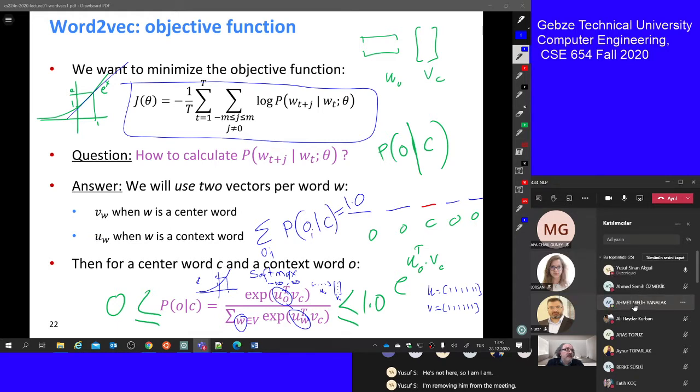Okay. Ali Haydar, can you tell me what an object function is? Objective function is? Ali Haydar, are you here? Okay, he is not. So he is gone.